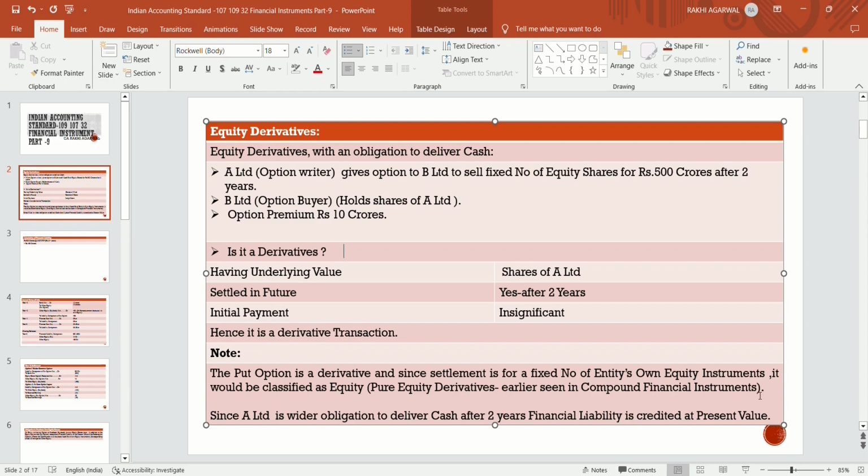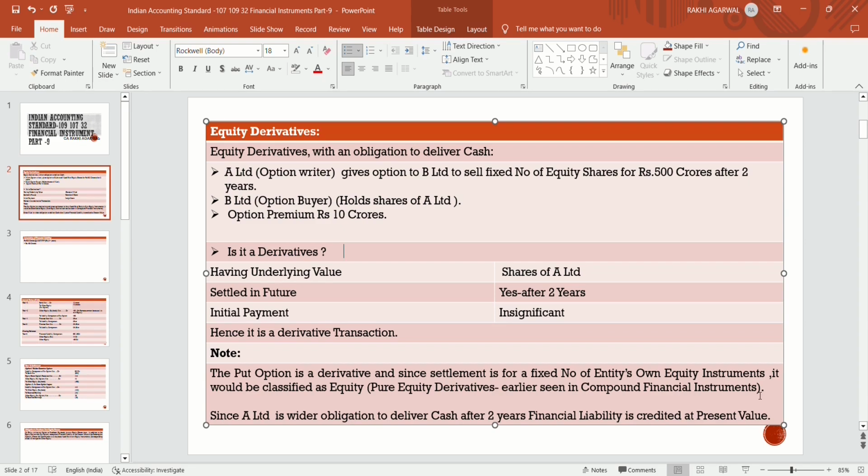The same concept applies here because a derivative is there, and the equity also fulfils the definition of equity, because the number of shares is fixed, the consideration is fixed, and settlement takes place in A Limited's own equity instruments.